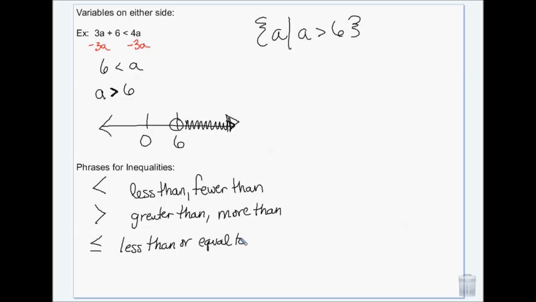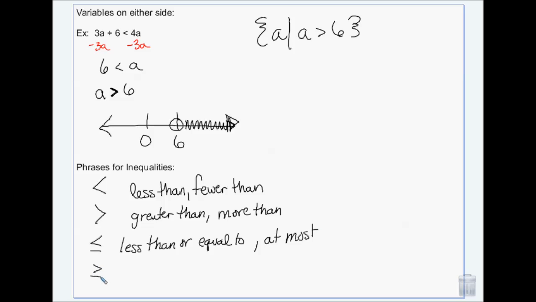We have less than or equal to. It can also be called at most. If you think about it, somebody asks how much money do you have, and you say, well, at most I have like $6. That means you have $6 or you don't quite have $6. You have less than that, right?